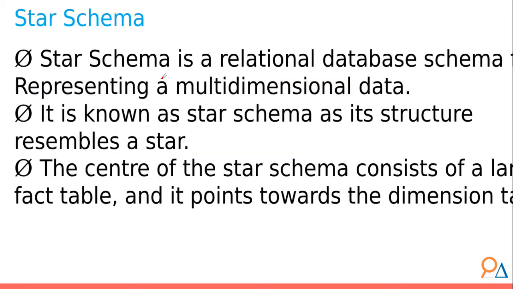Now let's see it. Star schema is a relational database schema representing multidimensional data. Star schema is called a star schema because its structure resembles a star. At the very center of the star schema is the fact table, and it points toward the dimension tables.